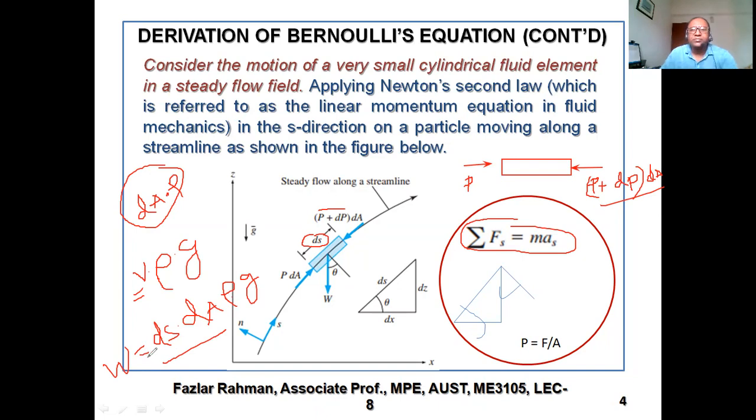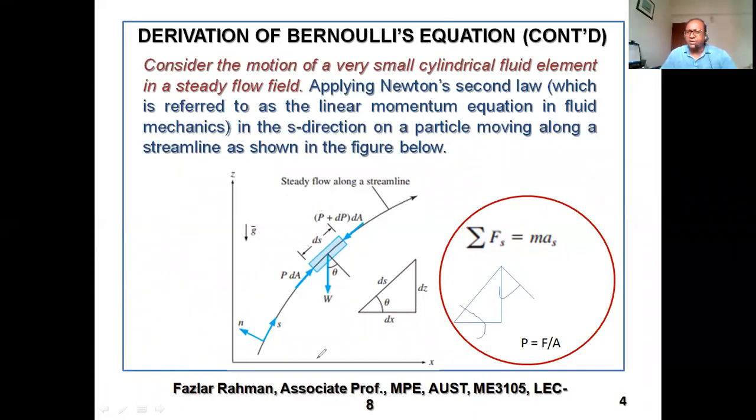Now, this W is working vertically downward, but all the other forces are working parallel or tangent to the streamline. So we need to divide W into two components. If this angle is theta, this line is perpendicular to the streamline.